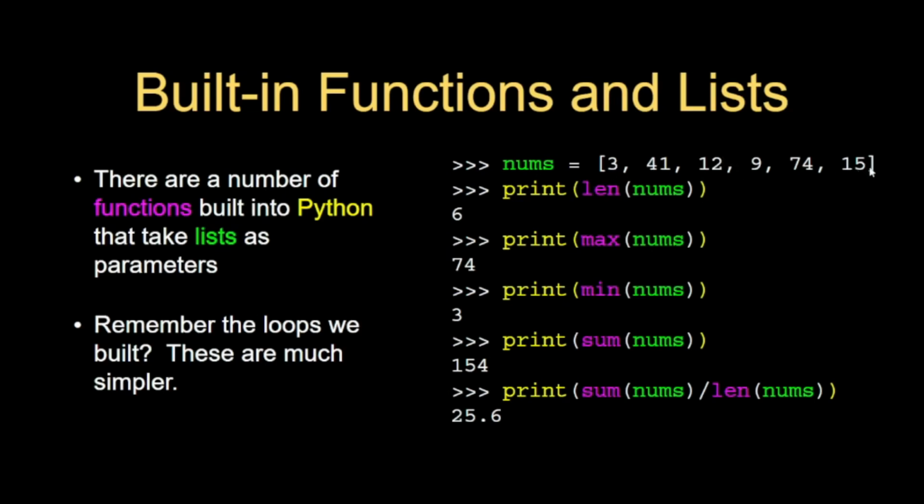If we print length of nums, it will return the number of elements present in the list nums. If we print max of nums, max is a predefined function that returns the maximum value present in the list. Min of nums will print the minimum element present inside the list. Sum of nums will print the sum of all the numbers present inside the list. Sum of nums divided by length of nums will print the average of all the elements present inside this list nums.